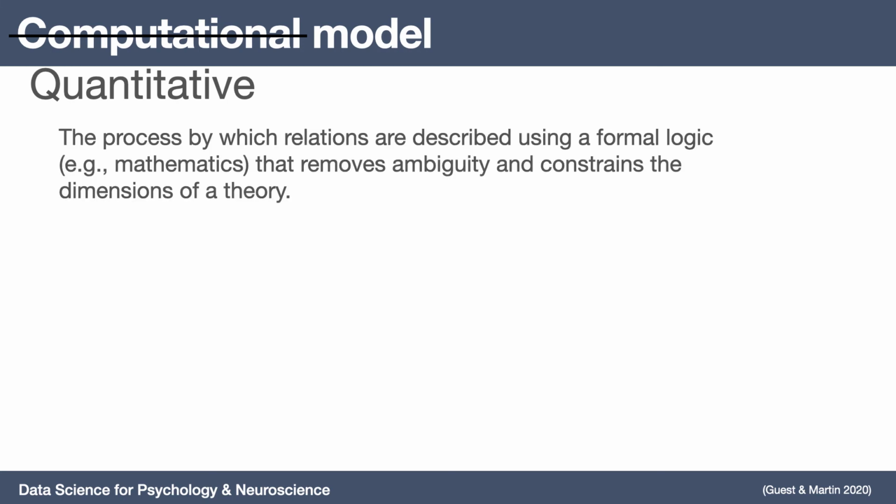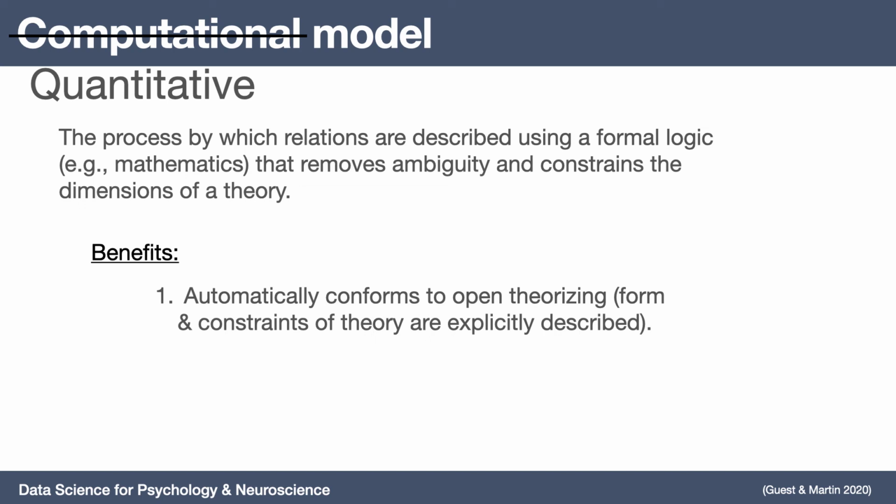A quantitative model is just the process by which relations are described using a formal logic, for example mathematics, that removes ambiguity and constrains the dimensions of a theory. Basically, it moves from colloquial, verbal descriptions to formal theories. The benefit of adopting a computational or quantitative modeling approach for your theory is that it automatically conforms to open theorizing.